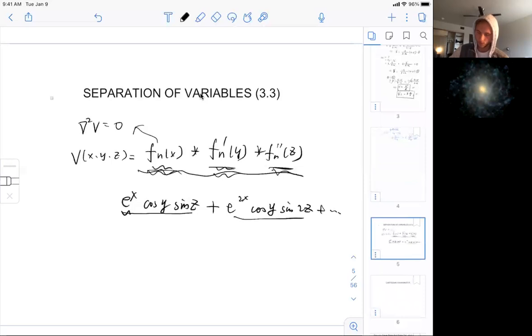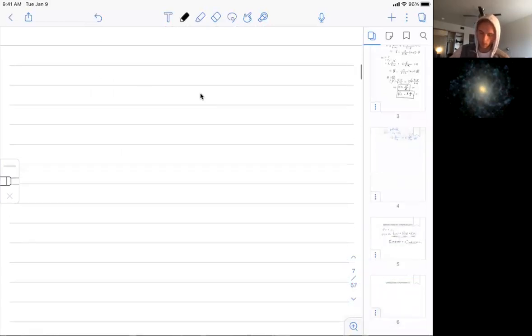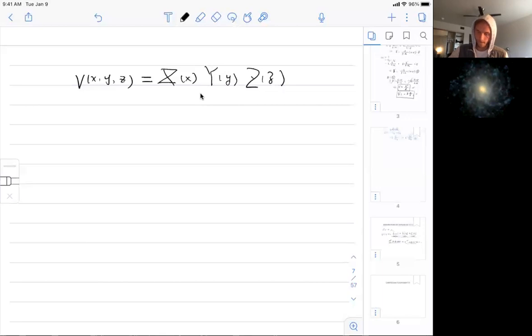We are going to work with Cartesian coordinates at first. Eventually, we're going to work in spherical coordinates as well. So to work in Cartesian, we know that V as a function of possibly x, y, and z is in the format of some function of x, big X, times some function of y times some function of z. So I assume I have this general format, and I want to see where that gets us.